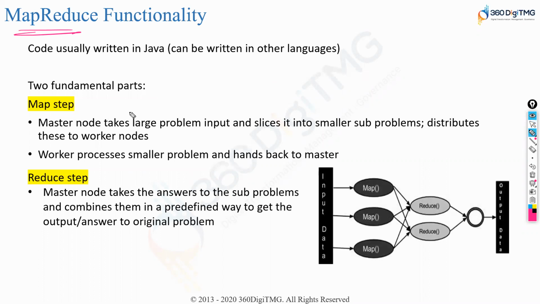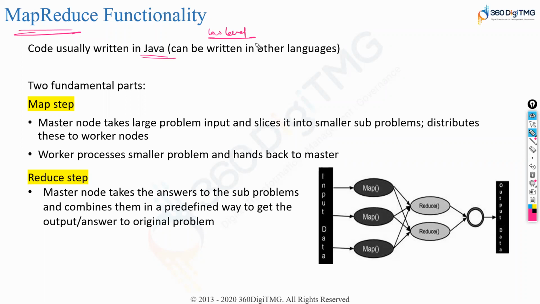MapReduce is a concept which was originally designed by Google using a low-level language. You can use Java or C to write your MapReduce codes. Remember, MapReduce or Hadoop was developed in Java. Those days, Java was everything. So it was written in Java, which is basically called a low-level language.